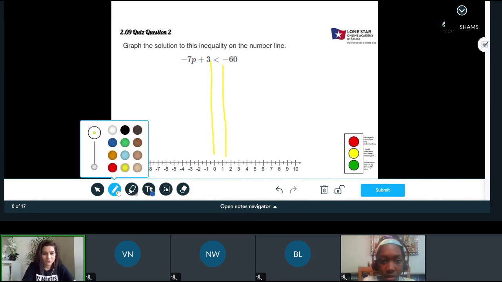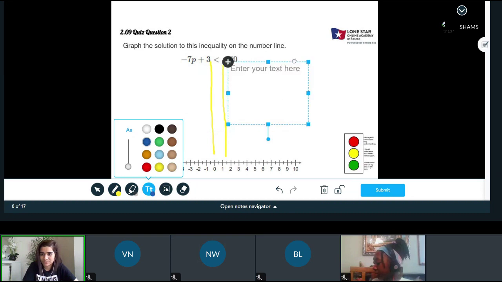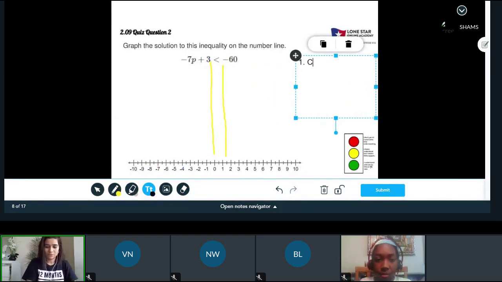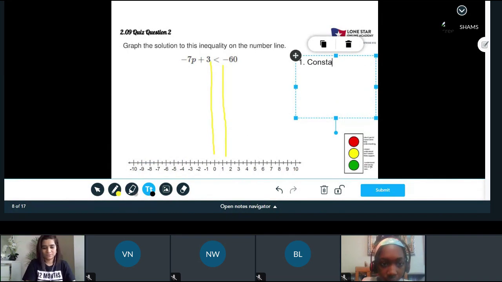Okay, so we also write down some notes that will guide us as we solve the question. Step 1, identify and solve for constant. Step 2, identify and solve for coefficient.